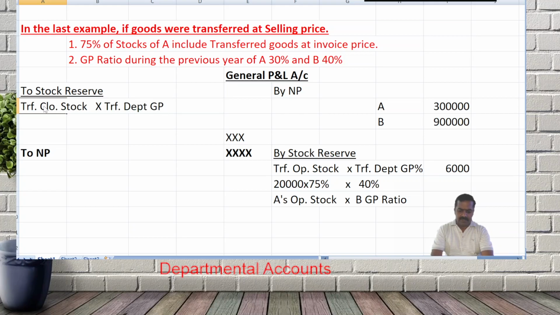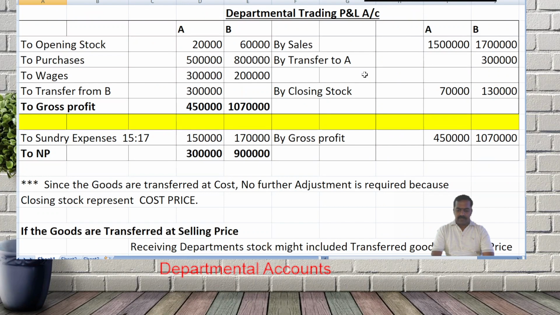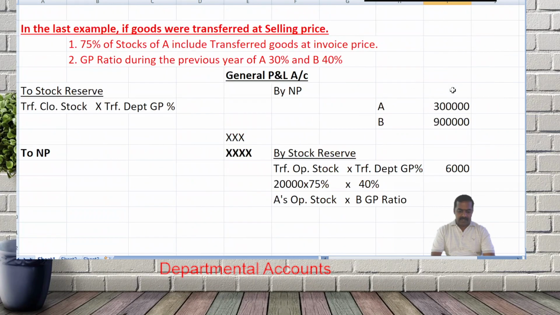Here also the transferring department's GP percentage. Look at the closing stock, how much is there? A's closing stock is 70,000. That into how much percentage transferred stock? We have given 75% transferred stock. Look at point number 1: 75% of stock.